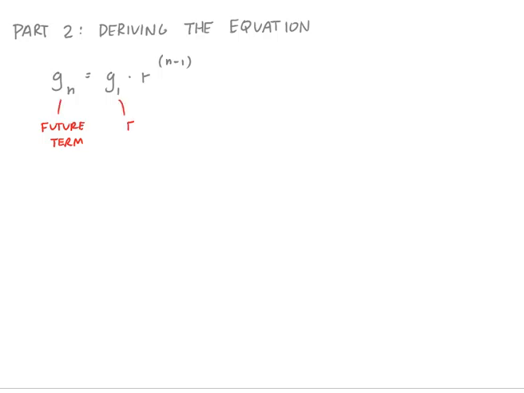We've got the first term, G1. We've got the common ratio, which remember really is just the multiplier from one term to the next. And up here, n is the number of terms.